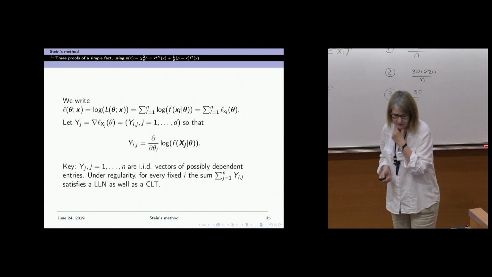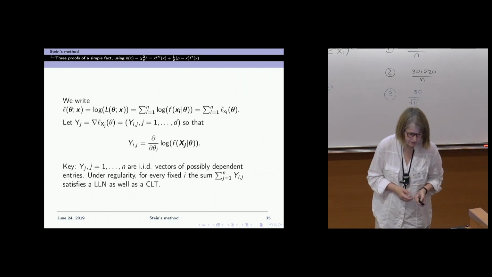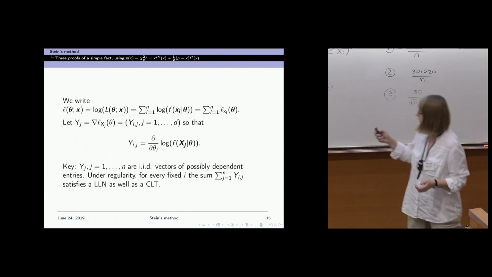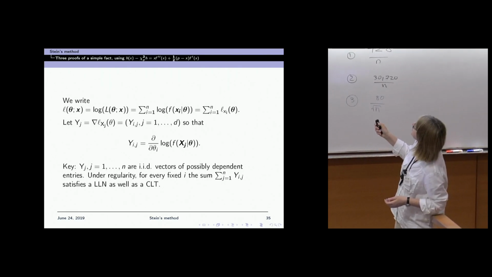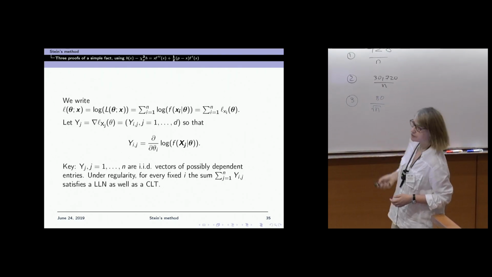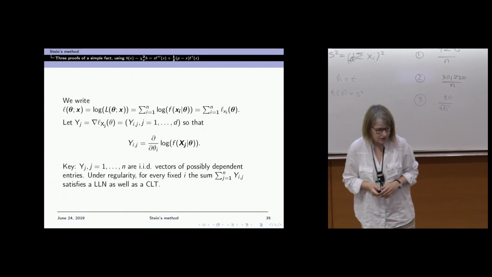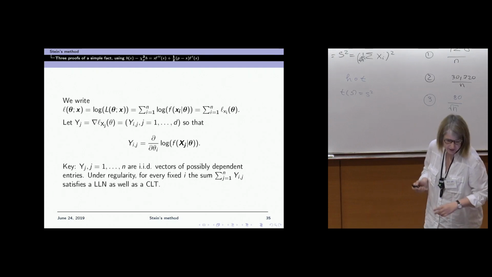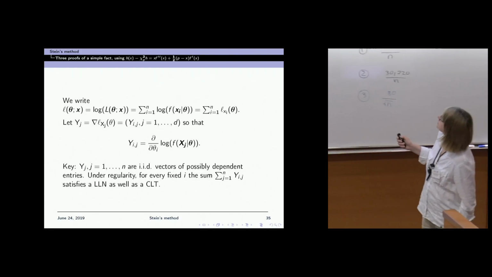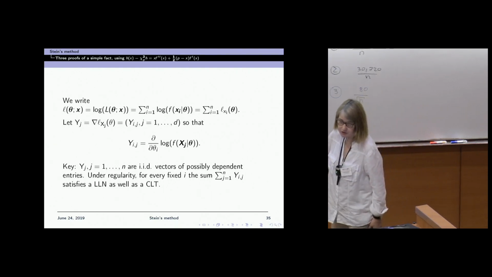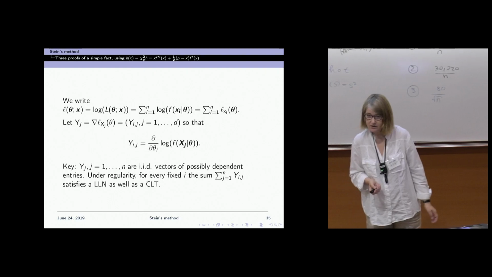And little l is the log likelihood, as usual. And so the log likelihood can be written as the sum of the log likelihoods of the individual observations. And these form IID vectors of possibly dependent entries.